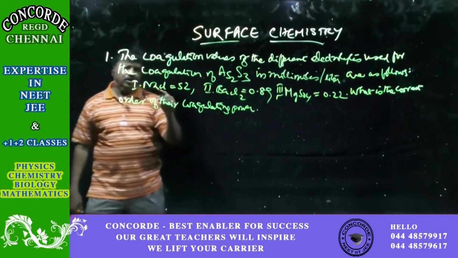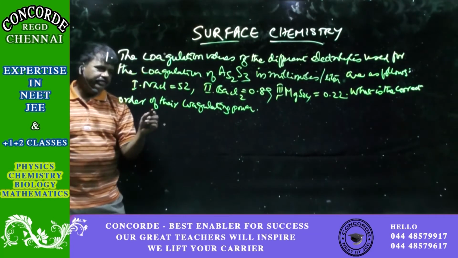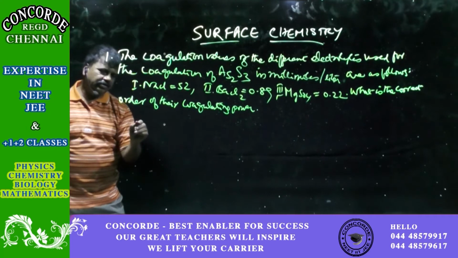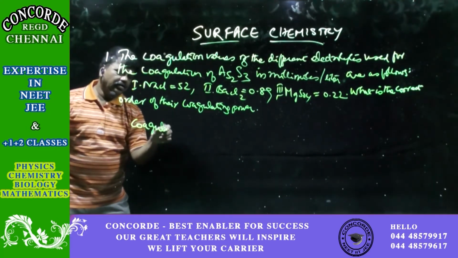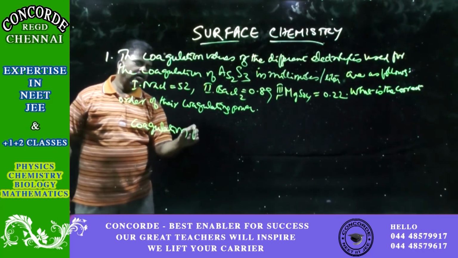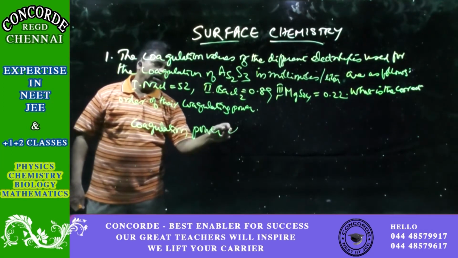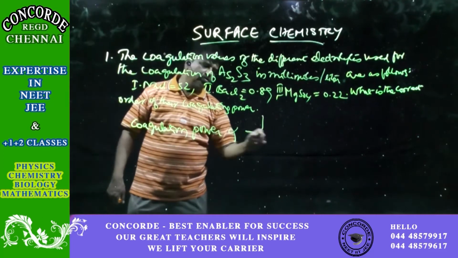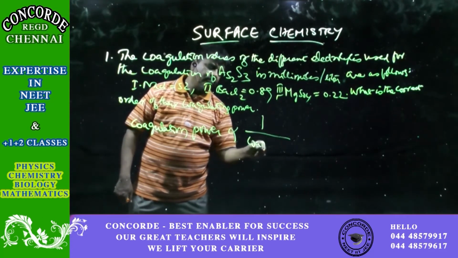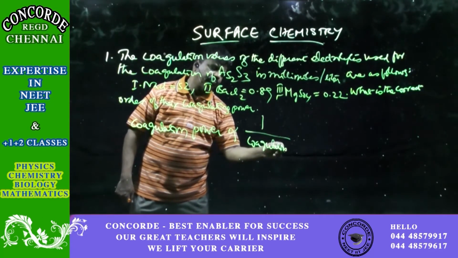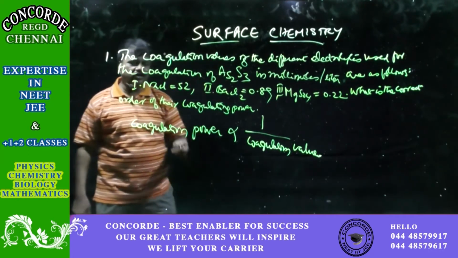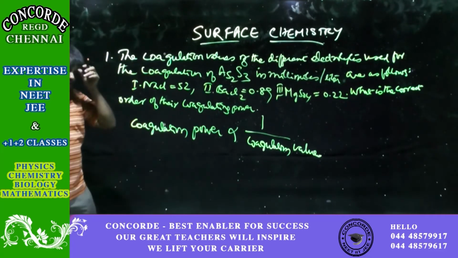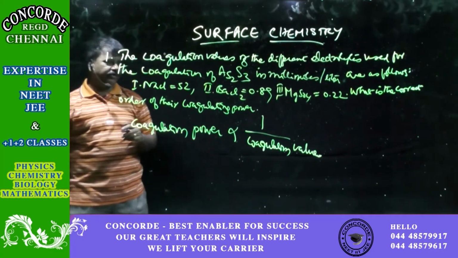Okay, so the thing is the coagulation power. Coagulation power is inversely proportional to the coagulation values. Means what? More the coagulation value, less will be the coagulation power.